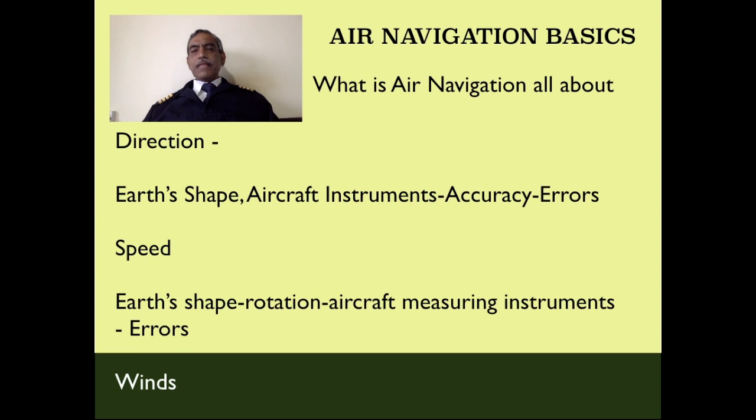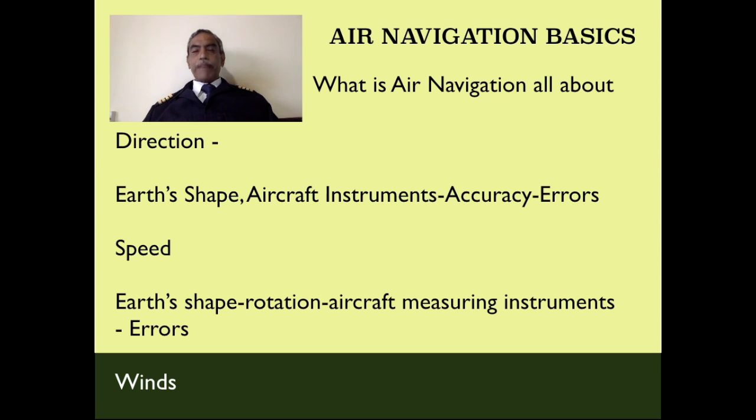The next challenge which has been met, and for which we now have sophisticated systems, is measuring direction, or directing the aircraft in a particular pre-selected direction. What are the things affecting that?